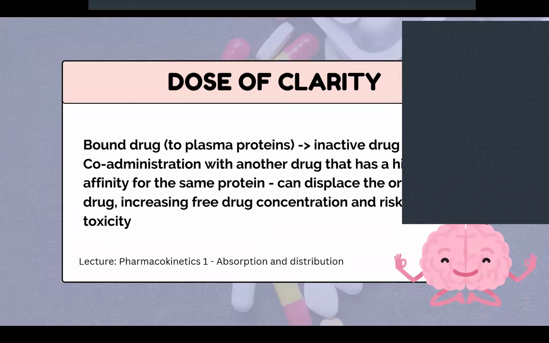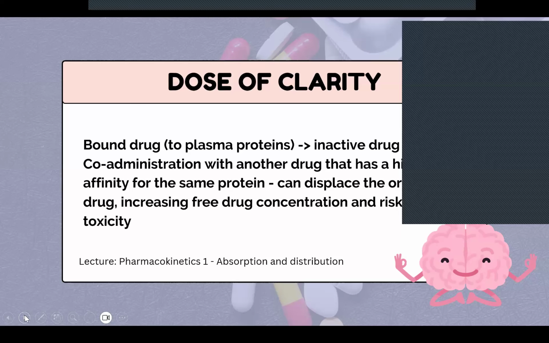Yes, exactly. So basically, when a drug is bound to plasma proteins, it's inactive. So the risk of toxicity is low. So now, if we administer another drug which has a higher affinity for the same protein, the original drug will be displaced, and that will increase the free drug concentration, and that will lead to the adverse effects or toxicity.